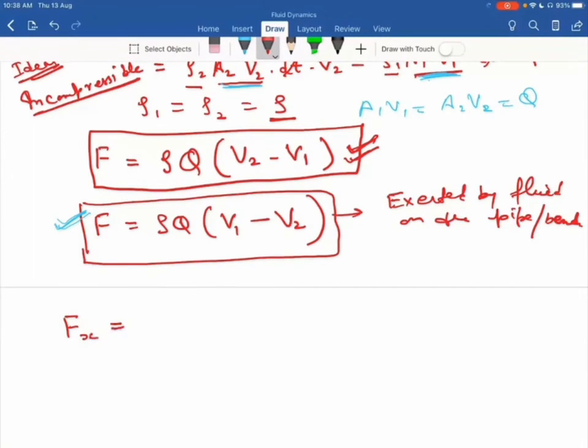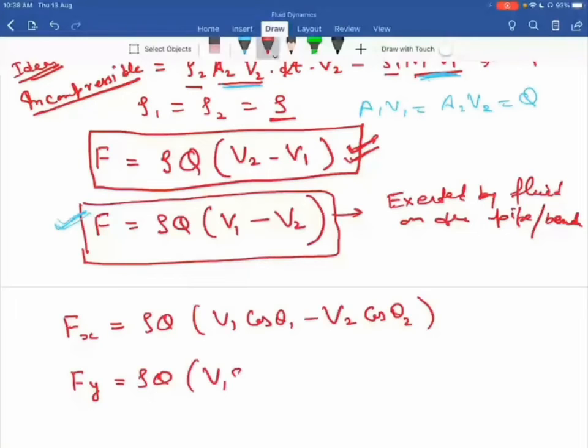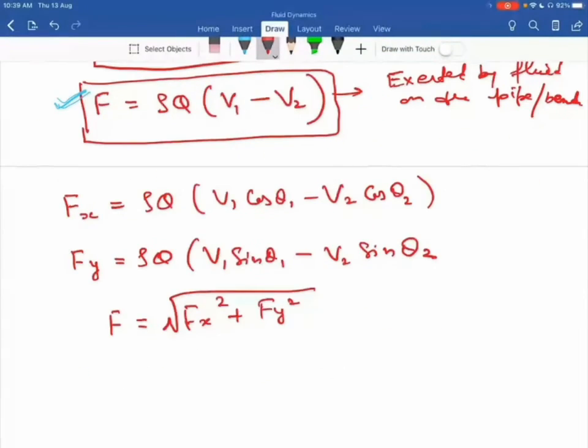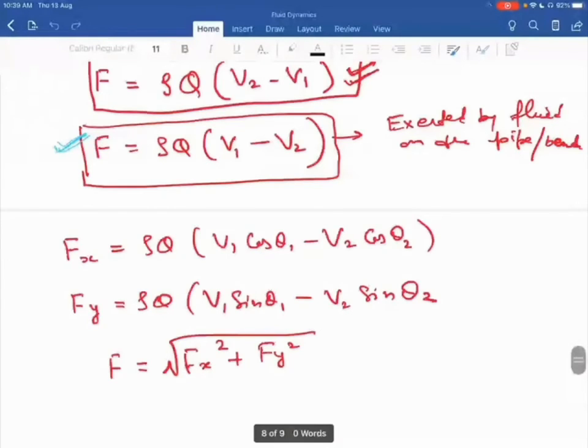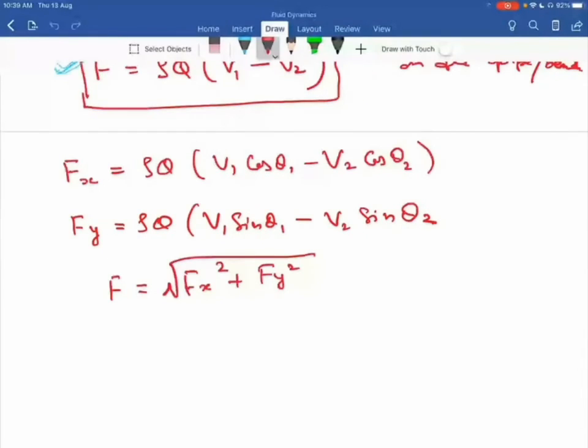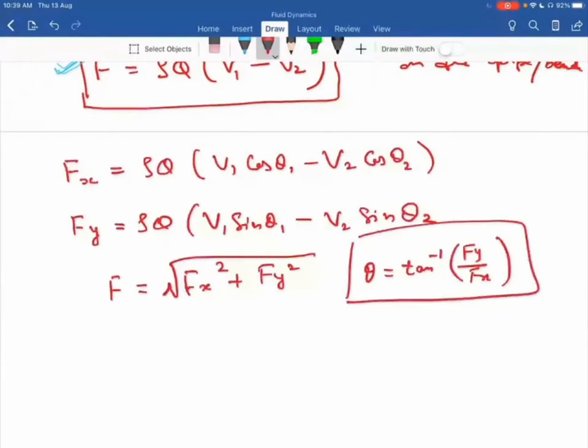Also write force along x direction and force along y direction. कैसे, rho Q (V1 cos theta 1 minus V2 cos theta 2) horizontal components and rho Q (V1 sin theta 1 minus V2 sin theta 2). So then you can find out the resultant force as, horizontal के साथ एंगल जो है वो आ जाएगा आपके पास, theta tan inverse Fy upon Fx. This is the angle of this resultant force with horizontal.